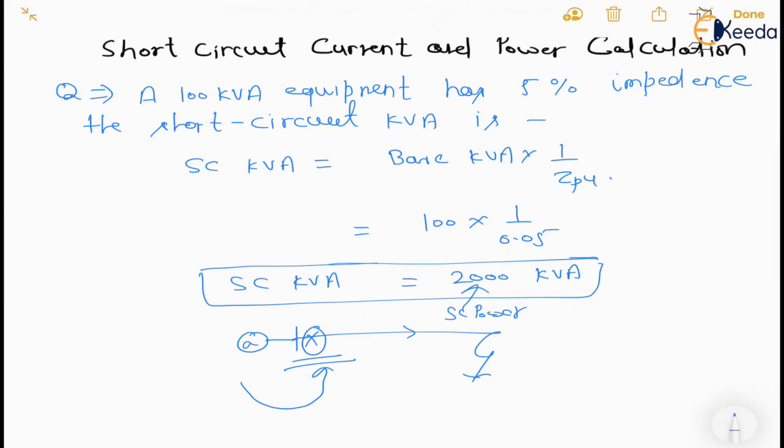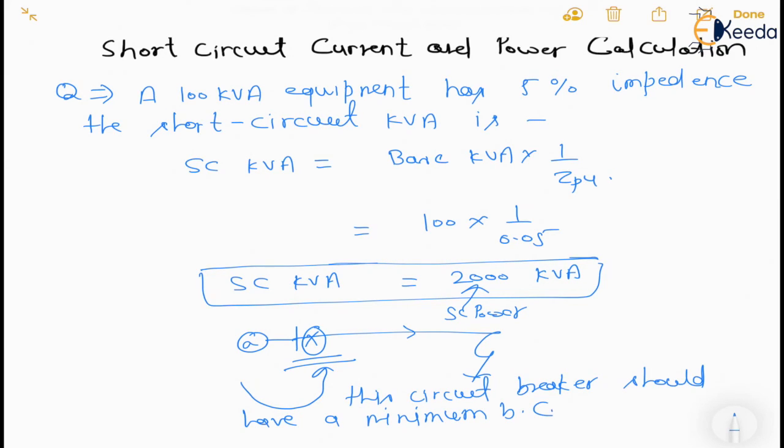So if we apply the breaking capacity, this circuit breaker should have a minimum breaking capacity of 2000 kVA.